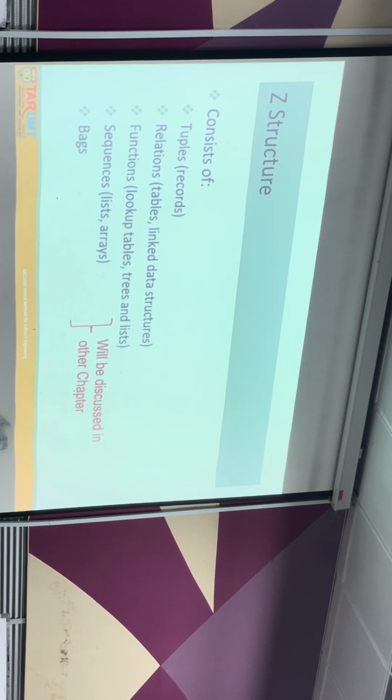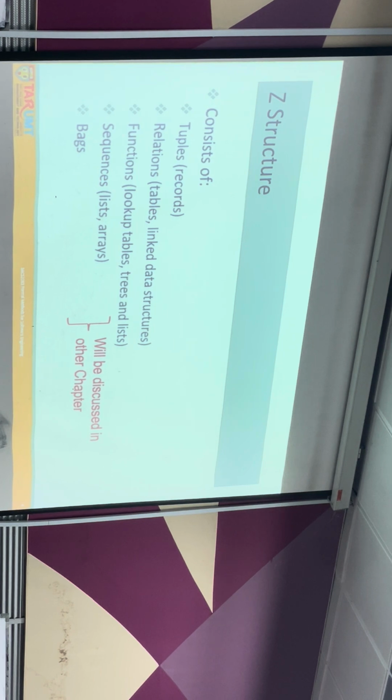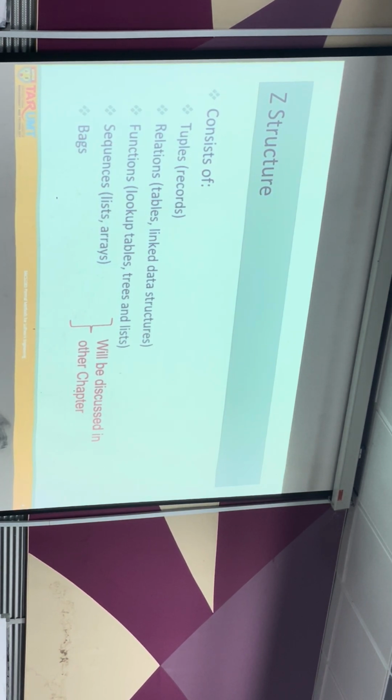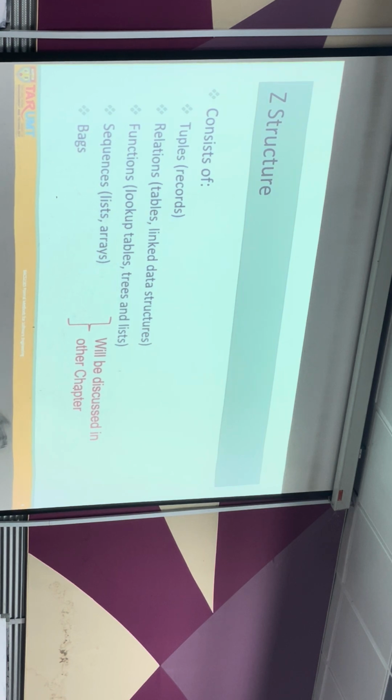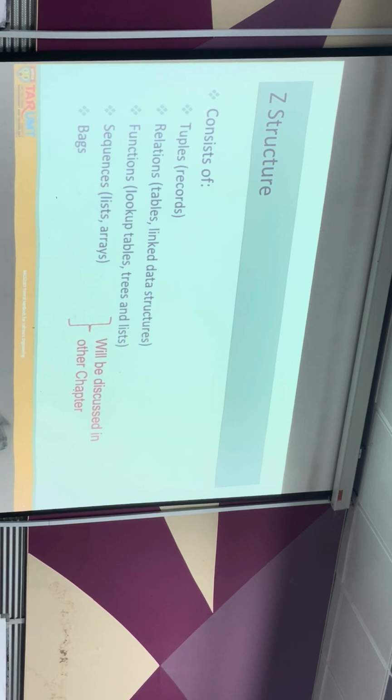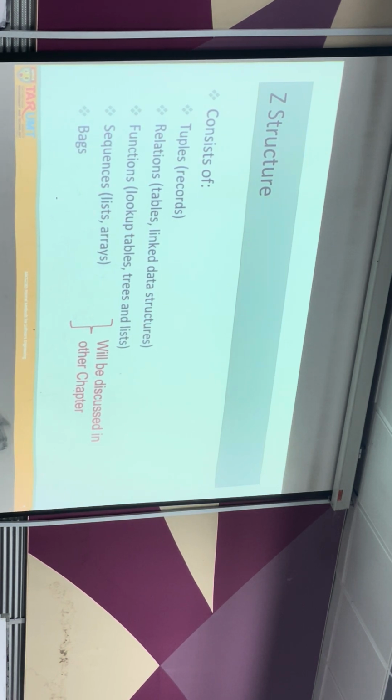You may have 5, 6, 7 columns, those are your attributes. It's up to your database. So how to show that in our Z schema? These are what we call the structure.